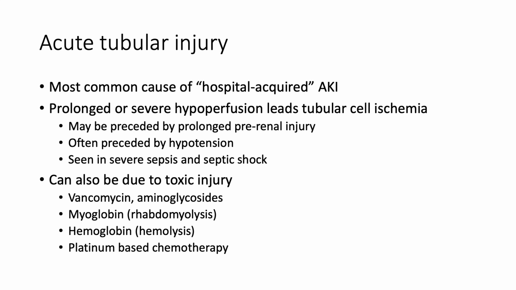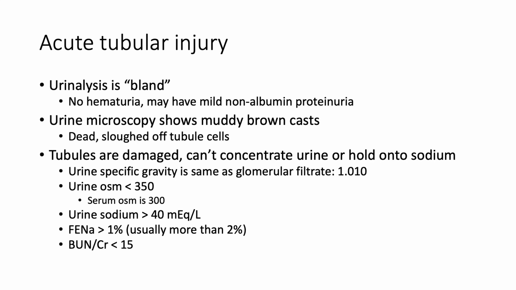If you have muscle cell breakdown and you release too much myoglobin into the bloodstream, that myoglobin is actually toxic to kidney tubules, so that can cause acute tubular injury. Same thing with hemoglobin. If you have intravascular hemolysis and you have excess free hemoglobin floating around in the blood, that is also toxic to the tubules. And then certain chemotherapies, especially platinum-based chemotherapies, can cause this type of injury.